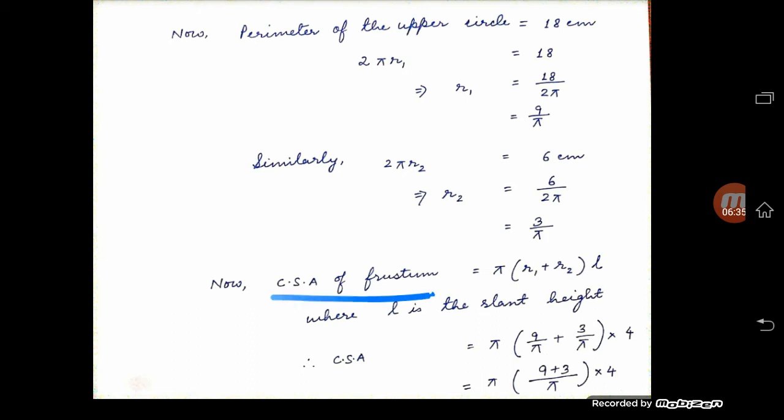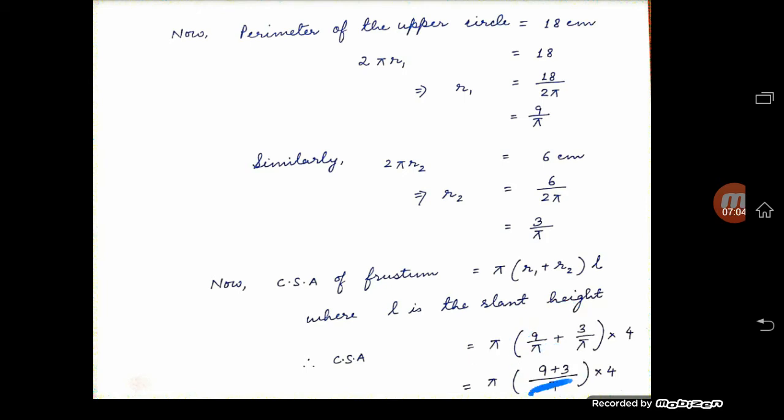Now what we'll get? Pi we put as this. r1 we put 9 by pi, and in place of r2 we put 3 by pi. So 9 by pi plus 3 by pi into L. L means 4 centimeter. Now pi and pi, we take LCM in the denominator. In the numerator what will be left? 9 plus 3 will be 12.